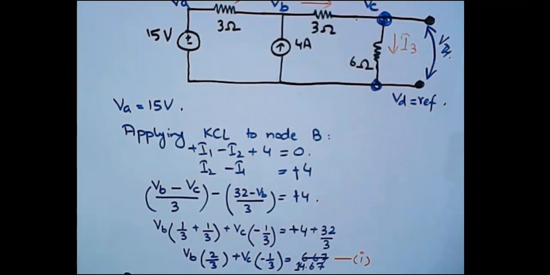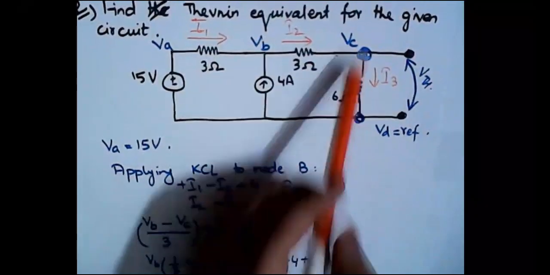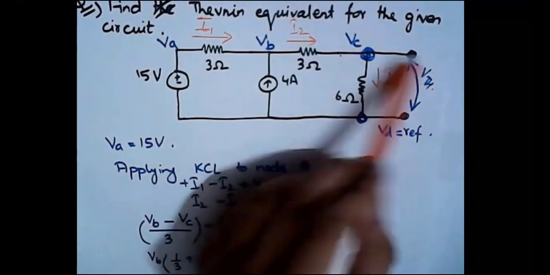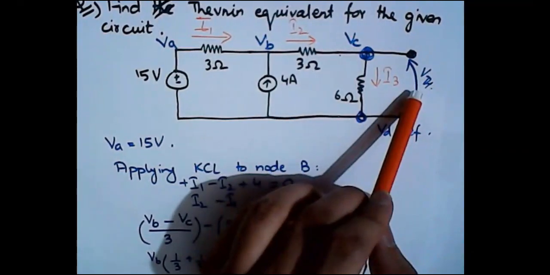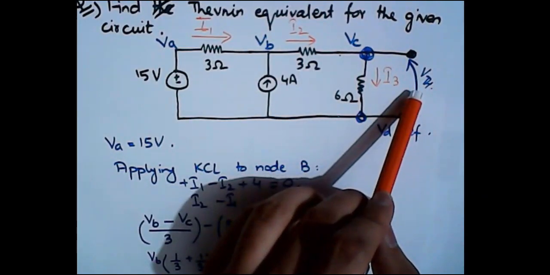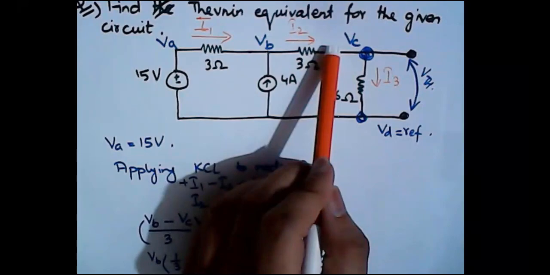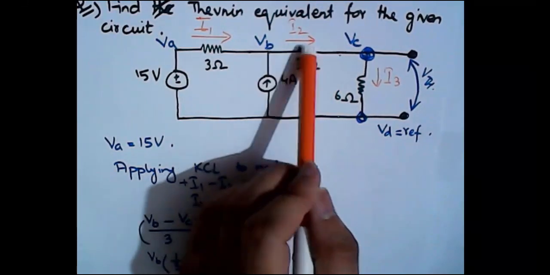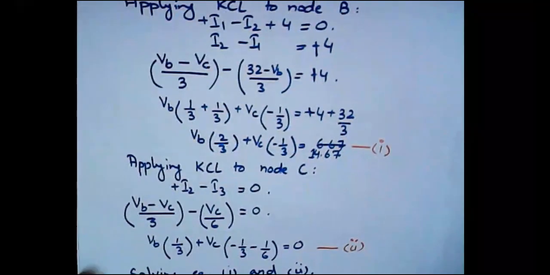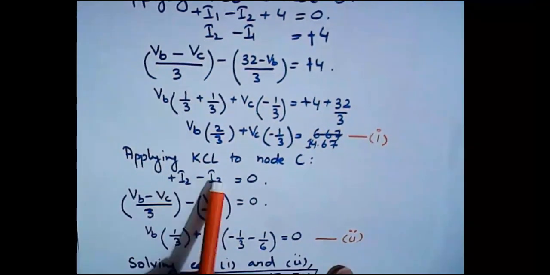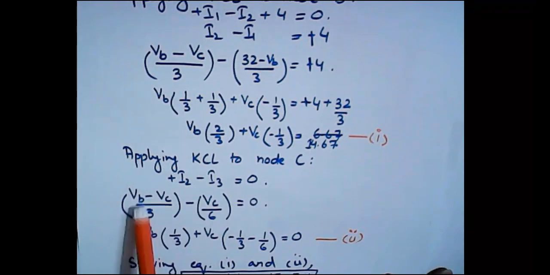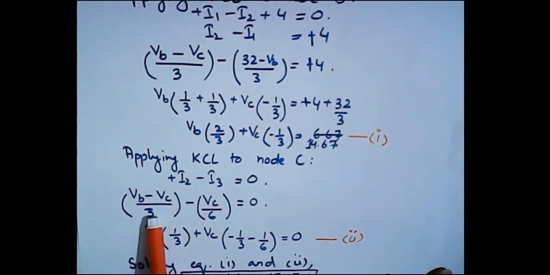And then we apply KCL to node C. If you can notice node C here, we will see that it only involves two currents. There is no current through the open path, because we know that the current through an open path is always 0. This current I2 is approaching, so its direction will be plus I2, and this one is leaving, so it will be minus I3, and here it is plus I2 minus I3, right? And VB minus VC divided by 3.